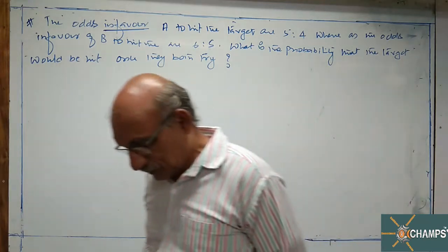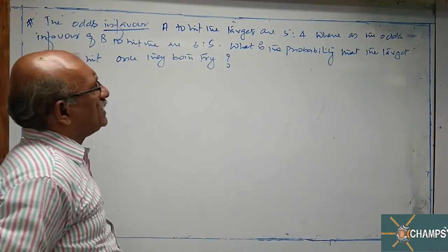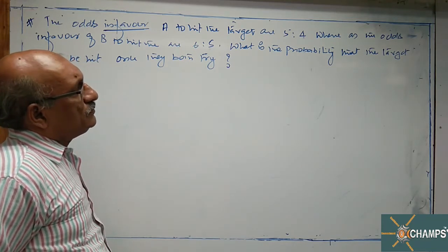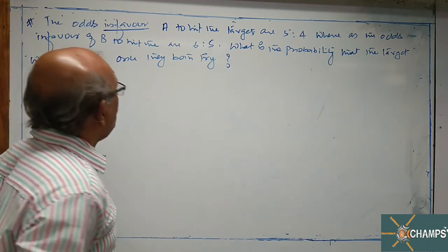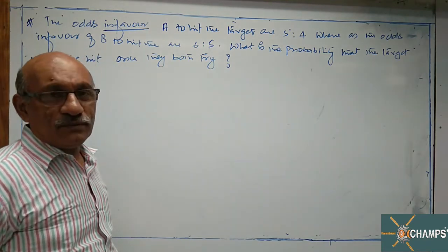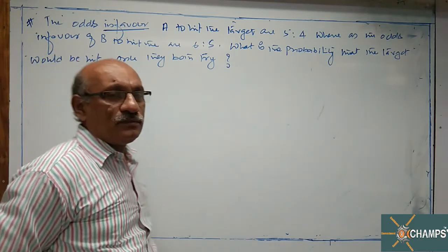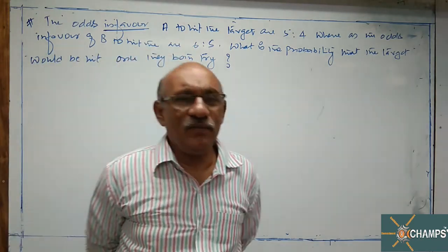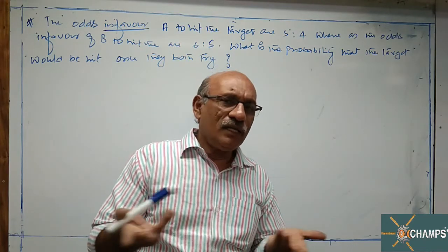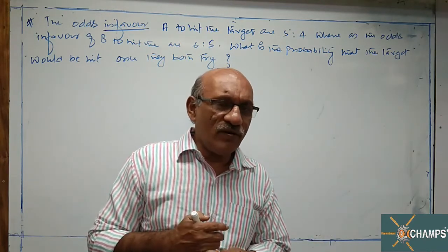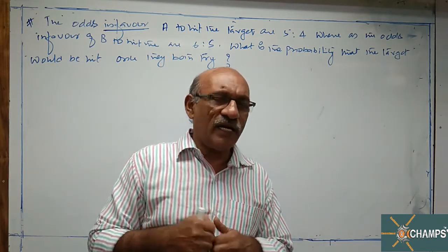Okay. What is given, sir? Odds in favor of A to hit the target are given as 5:4. Odds in favor of B to hit the target are 6:5. Target being hit means at least one of these two will hit the target. A may hit, or B may hit, or both may hit.